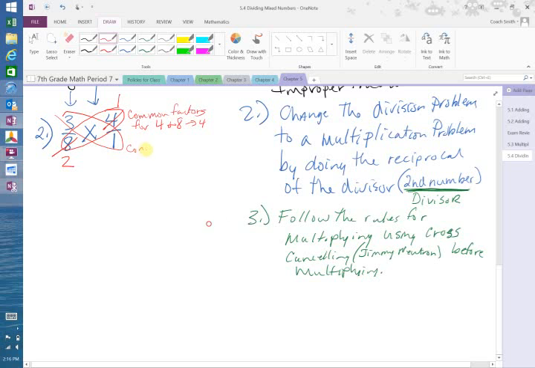Is there any common factors? 4, 3, and 1. No. So now, step 3 is already partially done. But I have now 3 times 1 on top, 2 times 1 on bottom. 3 times 1 is 3, 2 times 1 is 2.